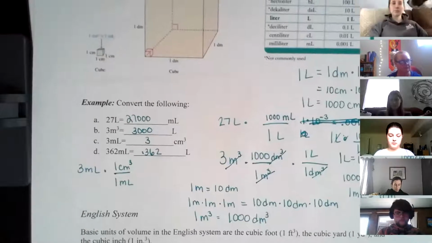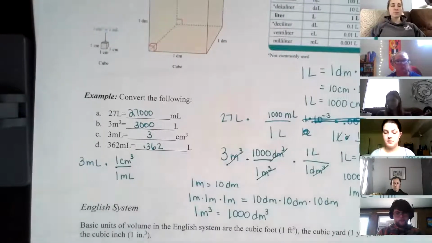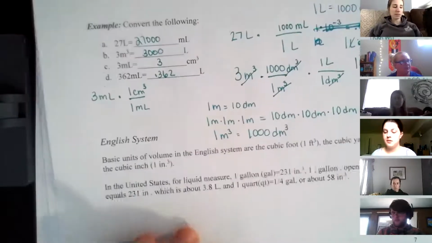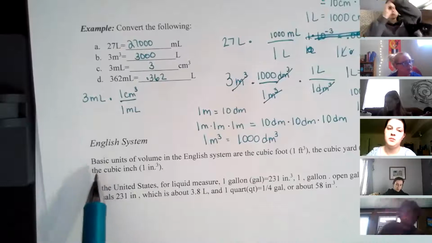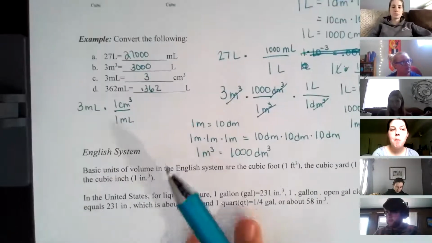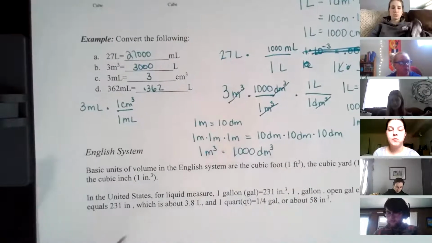All right. So we ended up with these examples as of last time, and I am recording. Okay, good. So here are some typos in this. When we talk about the English system, we'll talk about cubic feet, cubic yards, cubic inches.